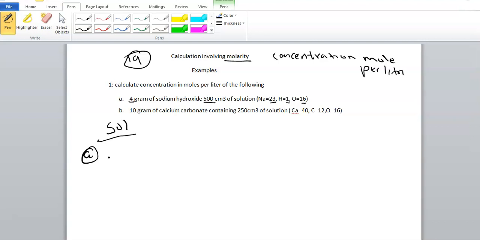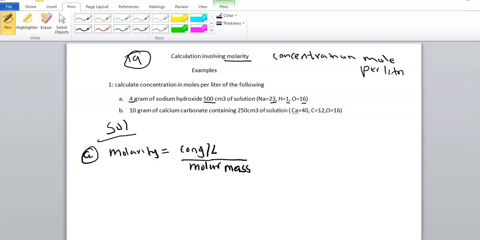The formula is: molarity is equal to concentration in gram per liter over molar mass. So for you to get molarity, we need these two: molar mass and concentration in gram per liter.